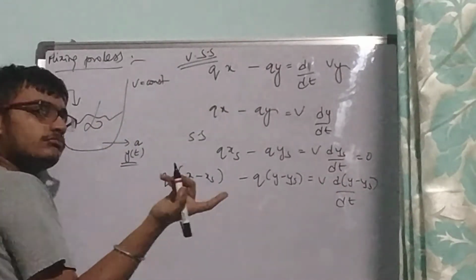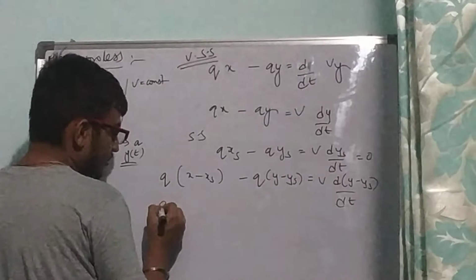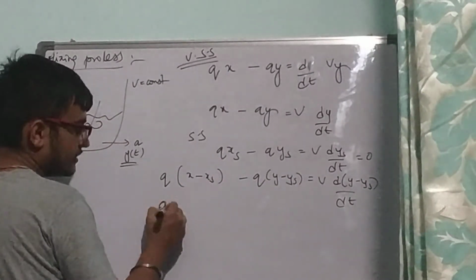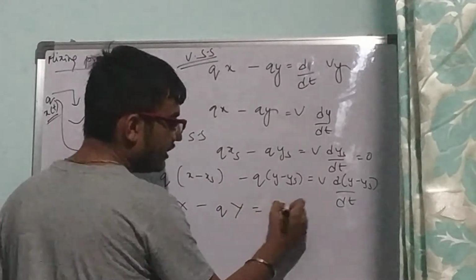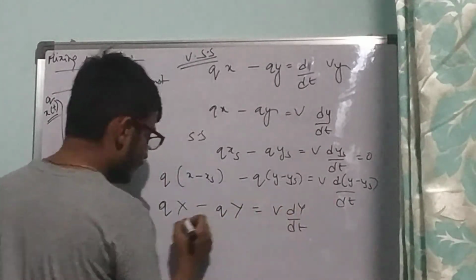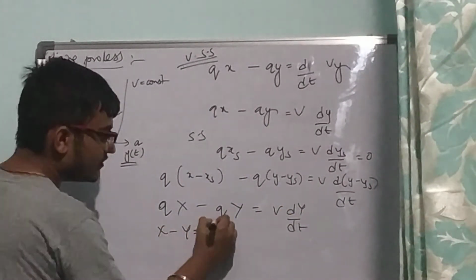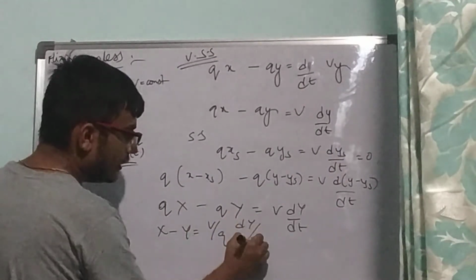Again deviation variables. So x minus xs is capital X. So q into capital X, q into capital Y, v into d capital Y by dt. Now take q common: x minus y is equal to v by q dy by dt.